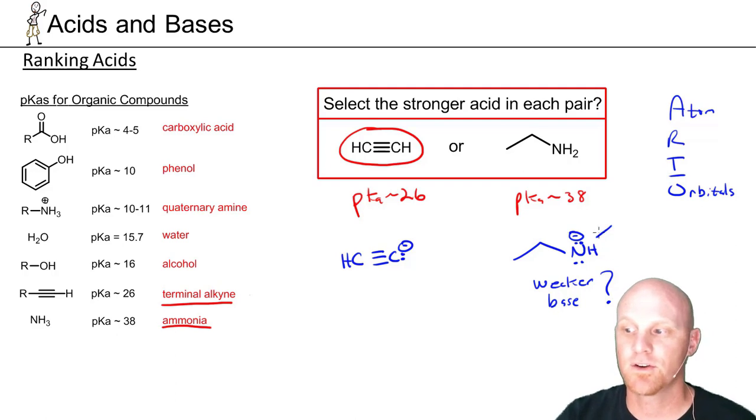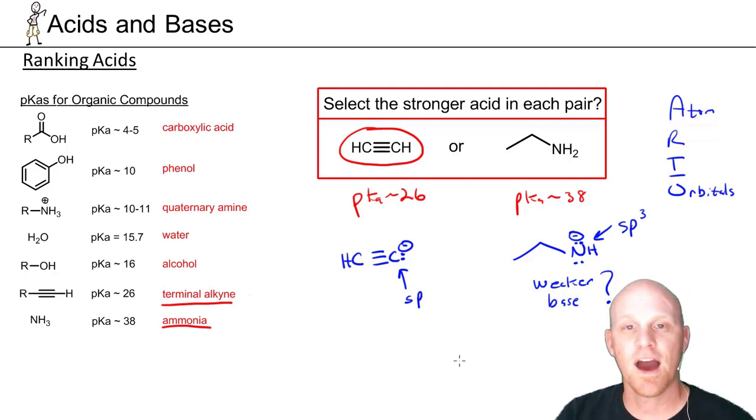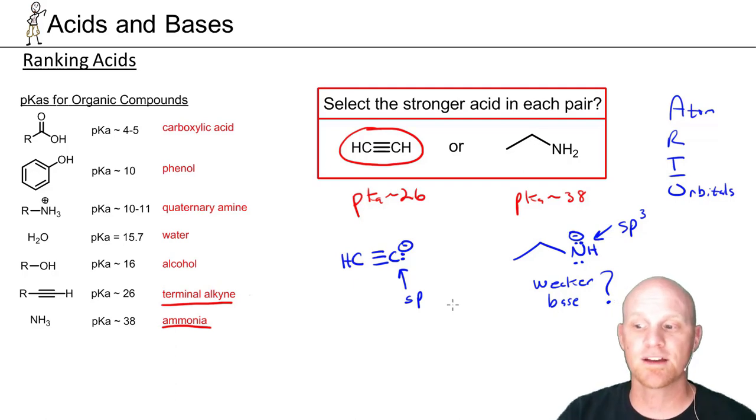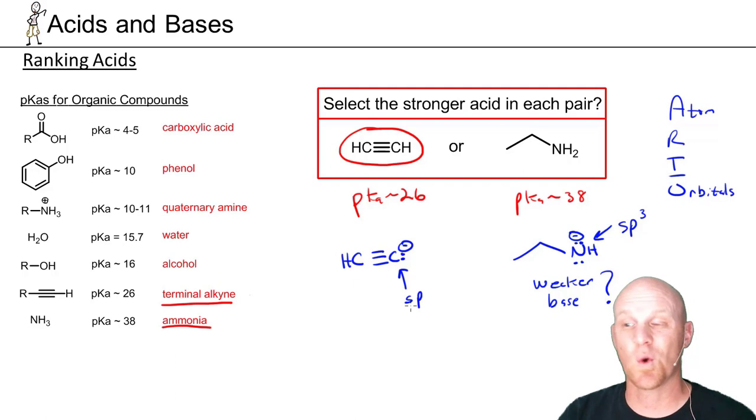In this case, your nitrogen right there is sp3 hybridized, but your carbon over here is sp hybridized. So based on the atom rule, it looks like nitrogen would be a weaker base, but based on the orbitals rule, an sp hybridized atom should be weaker than an sp3. And in this case, it turns out the orbitals rule actually ends up being more important than the atom rule, which is completely unexpected. We usually follow these rules in the order that we do based on their relative importance.